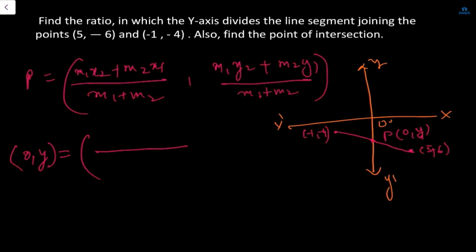Now if you are assuming k is to 1, so for the points you have to take k multiplied by -1, 4, and this one will be 5, 6. So x1 will be minus 1. When you multiply, it will be minus k plus 1 into 5, so that will be plus 5, divided by k plus 1.